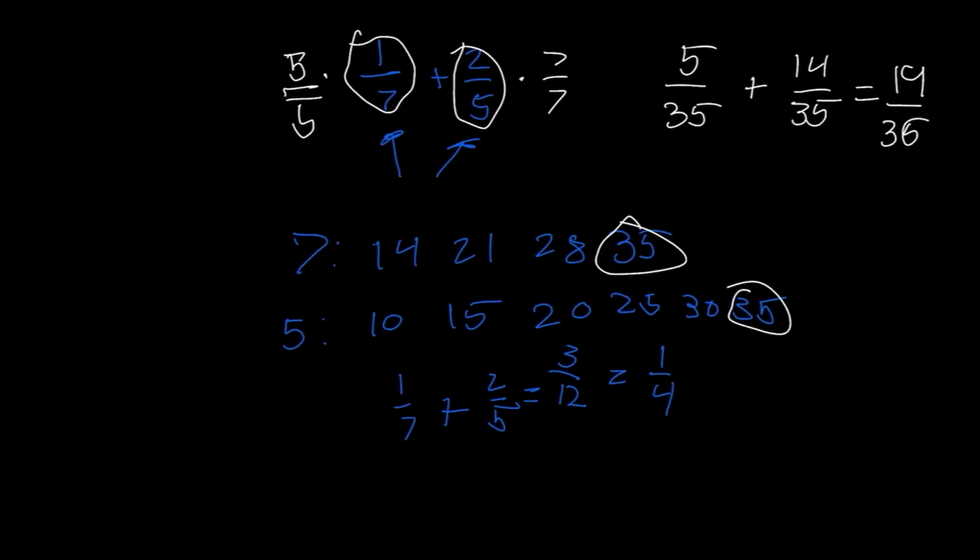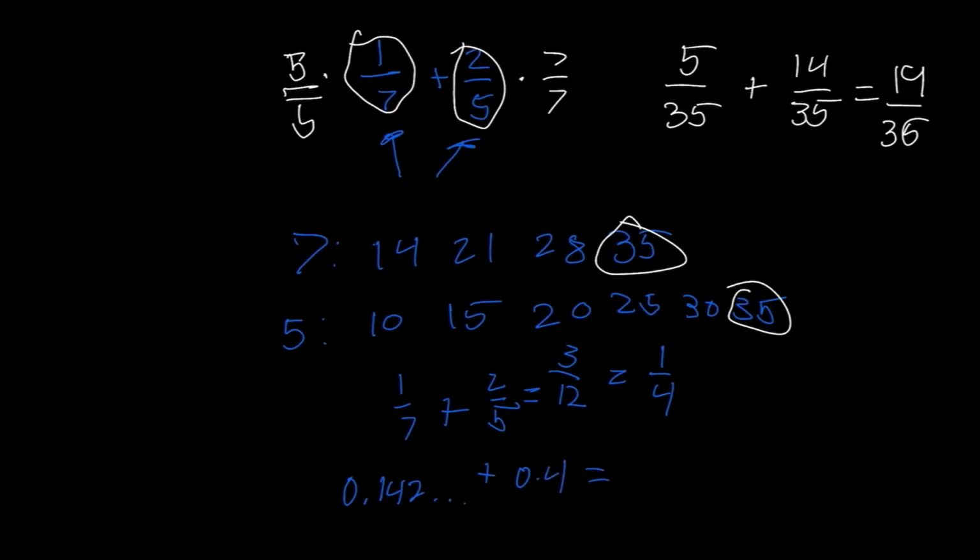And if you were to do the math by converting the fractions to decimals, 1 divided by 7 is 0.142, and I'm going to put some dots because it goes further. And 2 divided by 5 is 0.4.